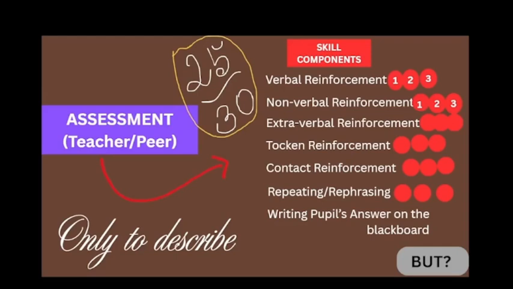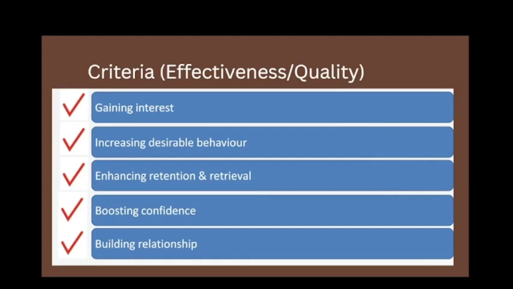In our case, criteria for the assessment of giving reinforcement in the class to the students. These criteria are: 1. Gaining interest, 2. increasing desirable behavior, 3. enhancing retention and retrieval, 4. boosting confidence, 5. building relationship.